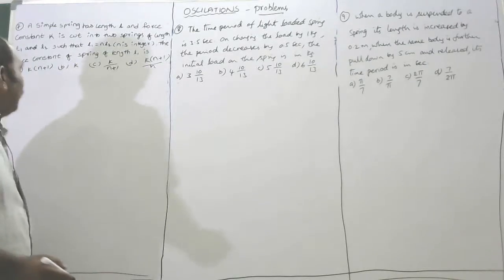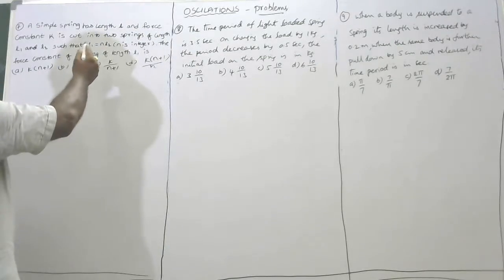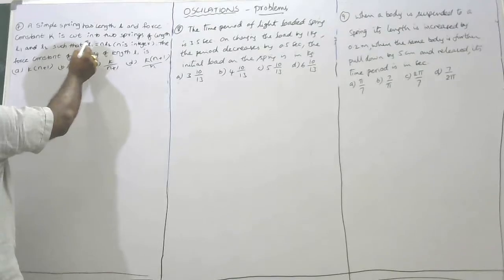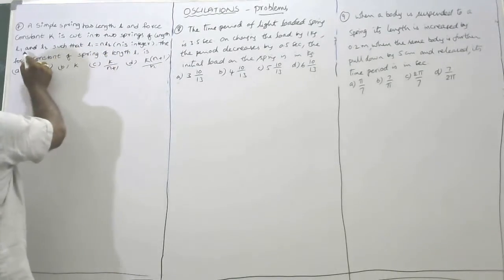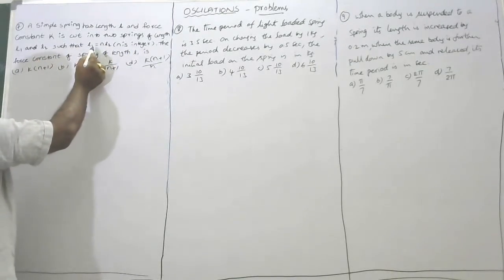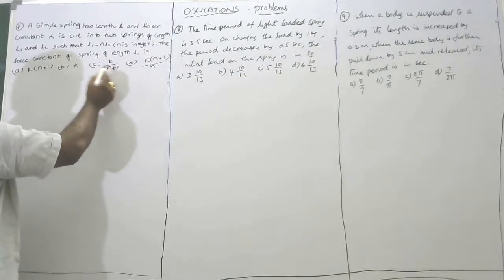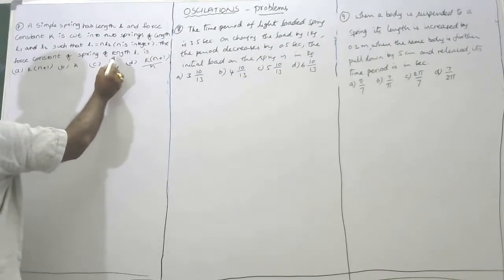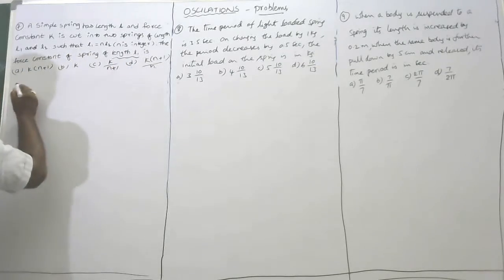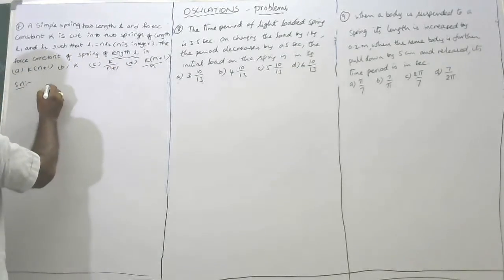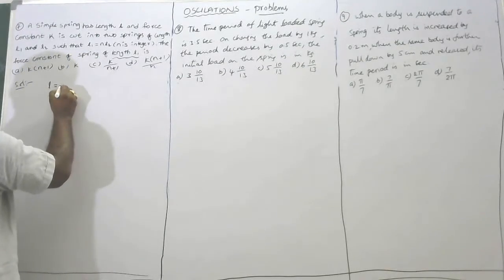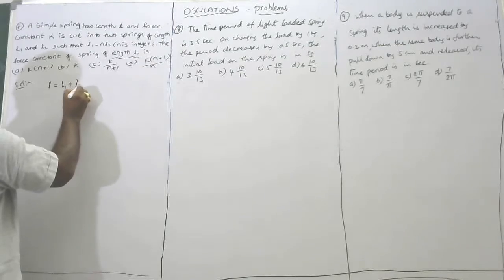Next we see another one. A simple spring has length L and force constant K. That is cut into two springs of length L1 and L2 such that L1 is n into L2. Here n is an integer. The force constant of spring of length L1 is, here first the length of the spring is L, that is cut into two parts, L1 and L2. So total length L is written as L1 plus L2.